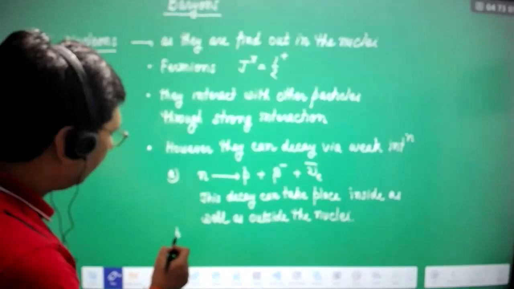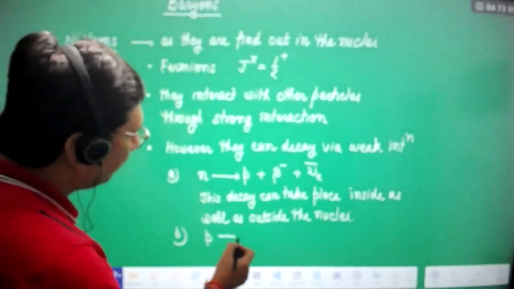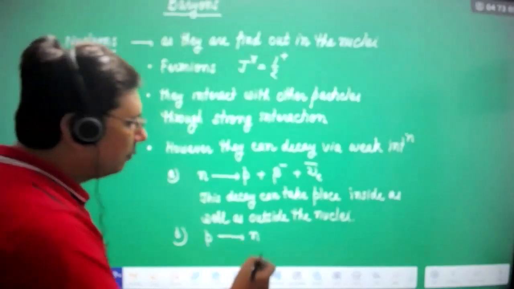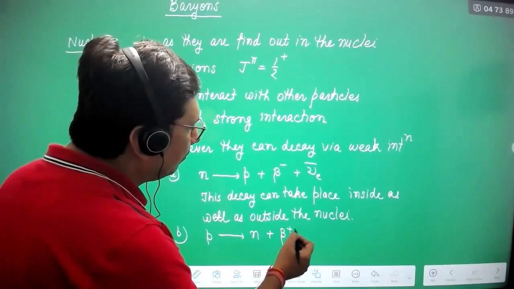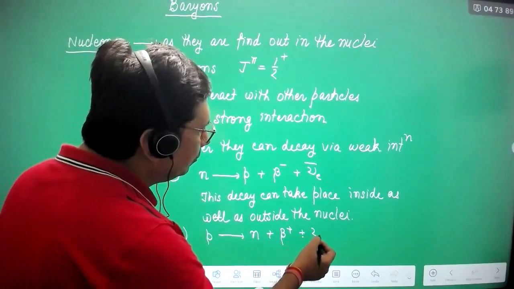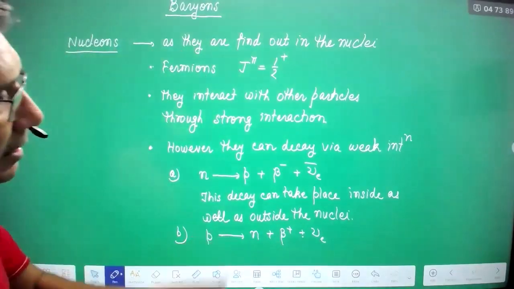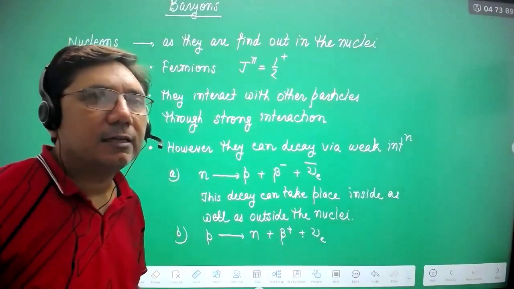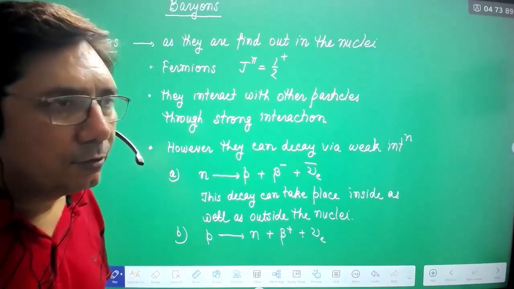Option B, you can write this: proton can decay into neutron plus a beta particle plus neutrino. But this decay can take place only inside the nuclei. Outside the nuclei, this interaction is not possible because the mass of proton is less than neutron.